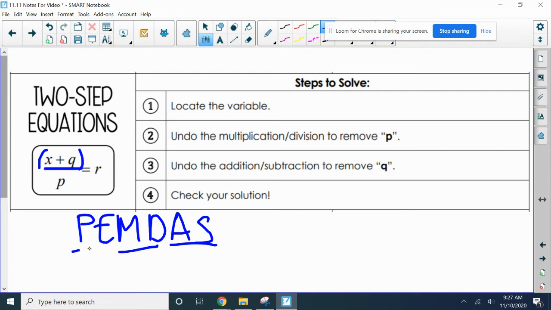So before I can do my parentheses, I have to get rid of my division. So we're going to undo that multiplication or division, that p. In this case, it's division by multiplying both sides by p. And then I can work with my parentheses because we are still working backwards.